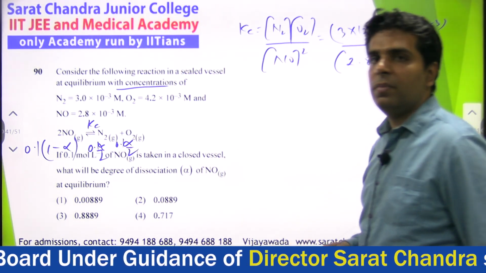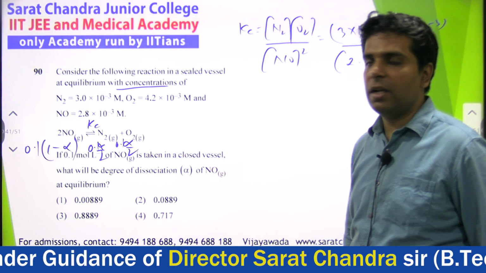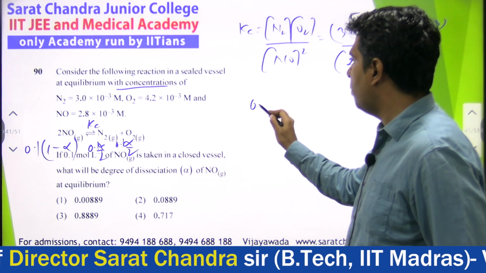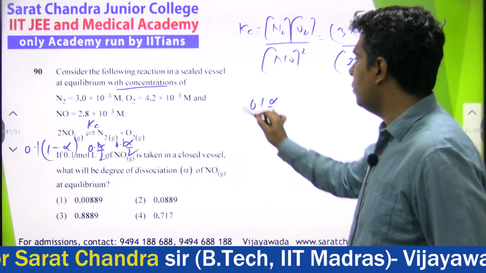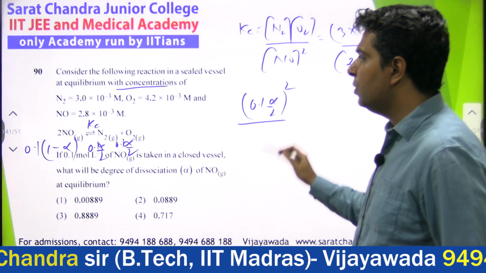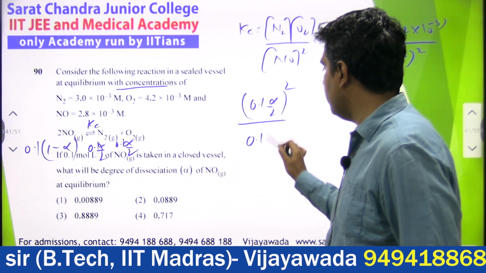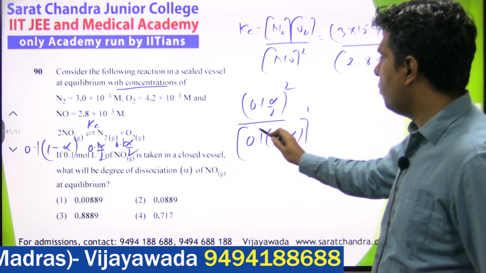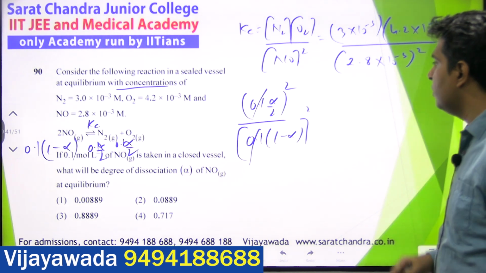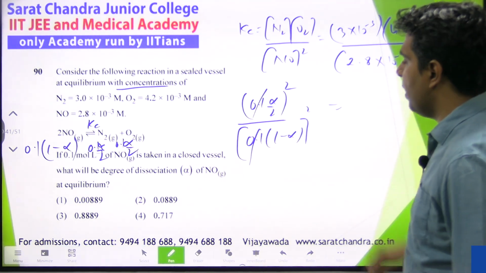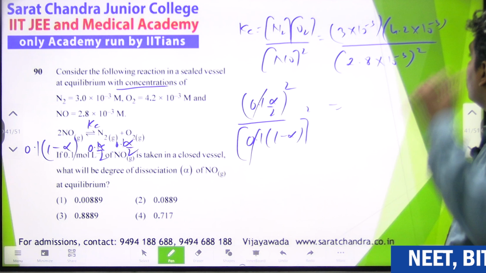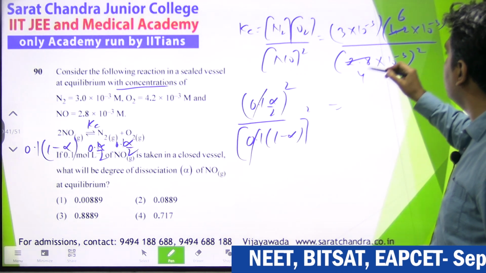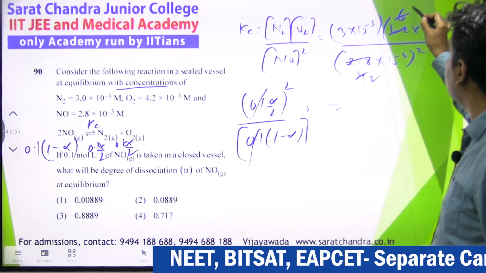At equilibrium, the concentration of N2 will be 0.1 alpha by 2, O2 will also be 0.1 alpha by 2, and NO will be 0.1 into 1 minus alpha, whole square. So 0.1 square will cancel out. That should be equal to this value. Now if we solve this.